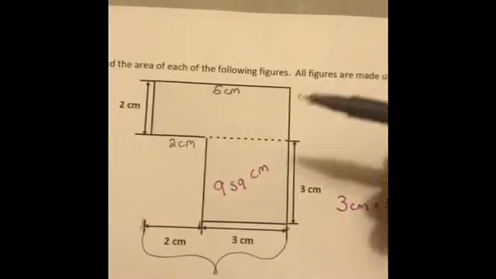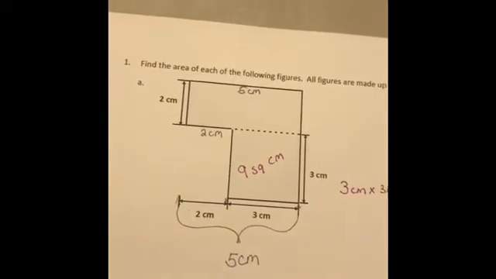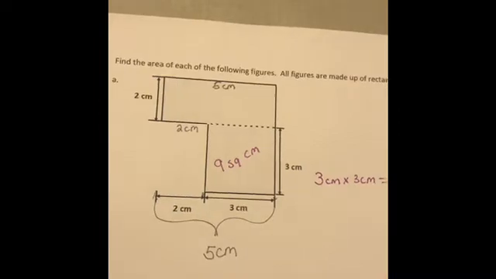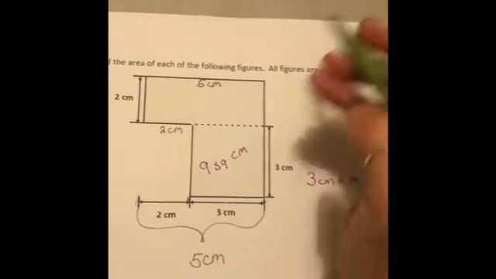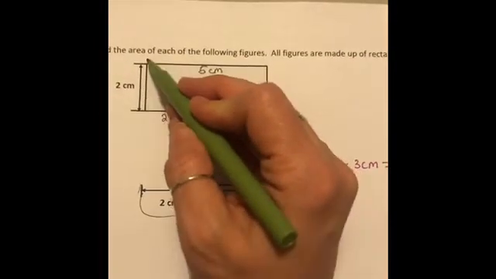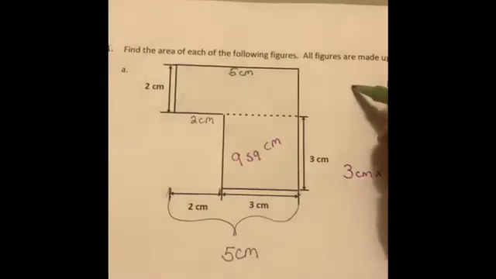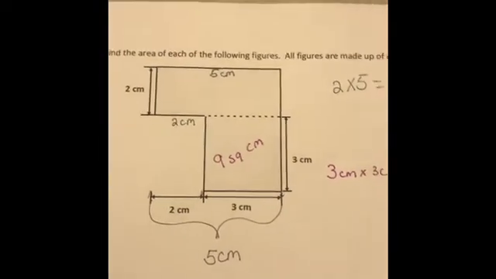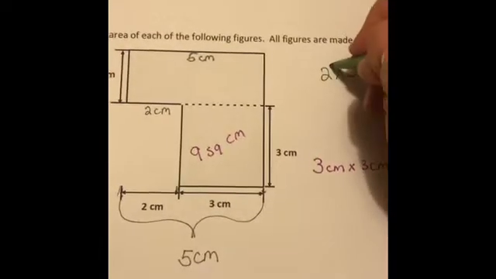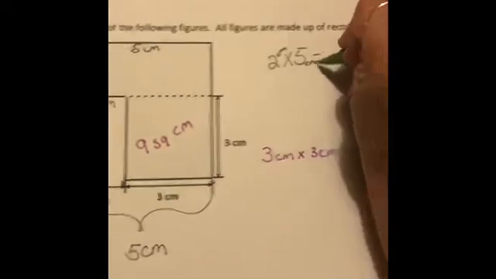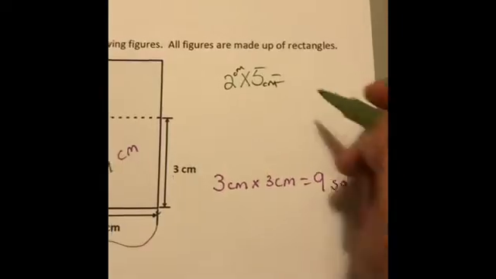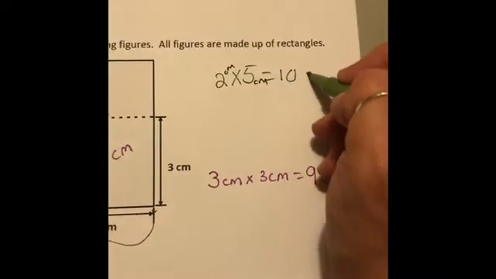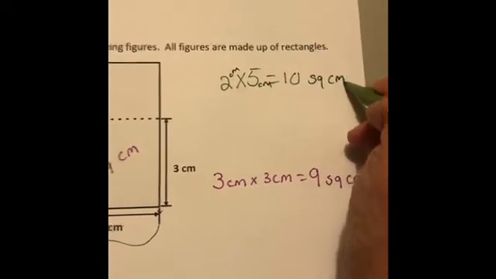I'm going to turn my attention to the area of the rectangle. I can see that I'm going to do 2 times 5. And I know, I forgot my centimeters. I know that 2 times 5 is 10 square centimeters.